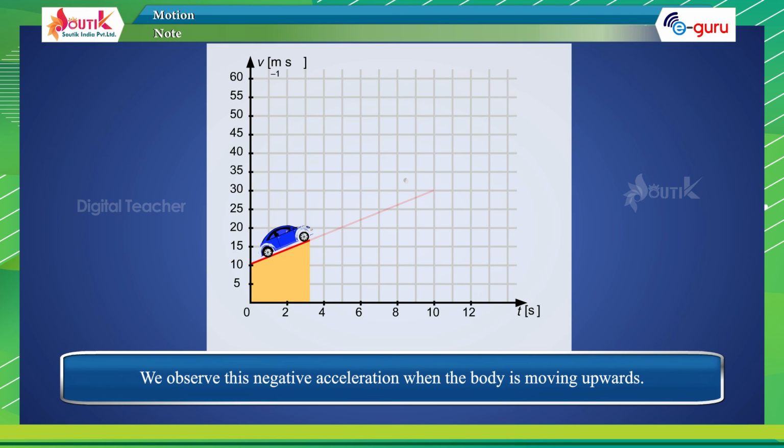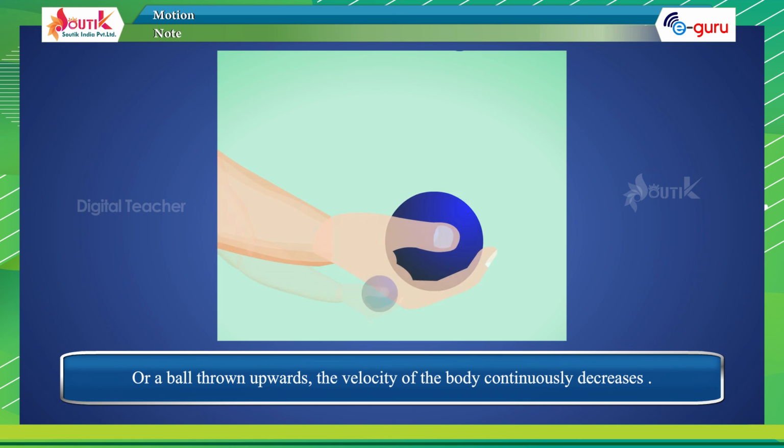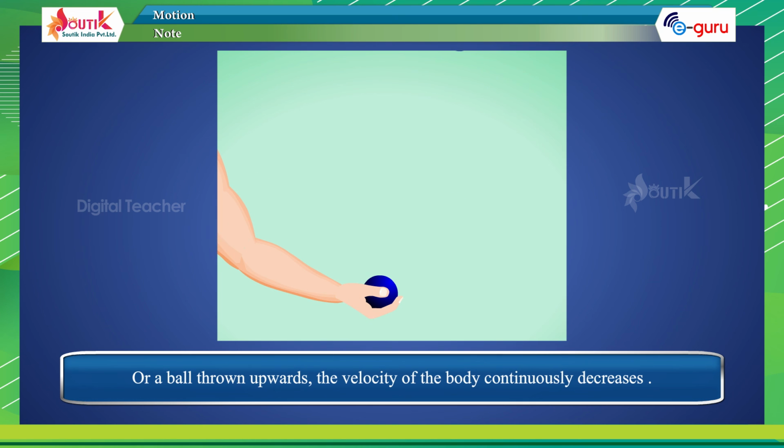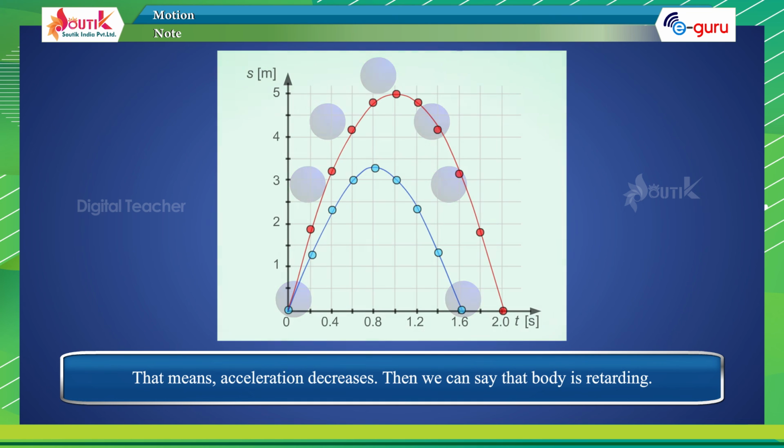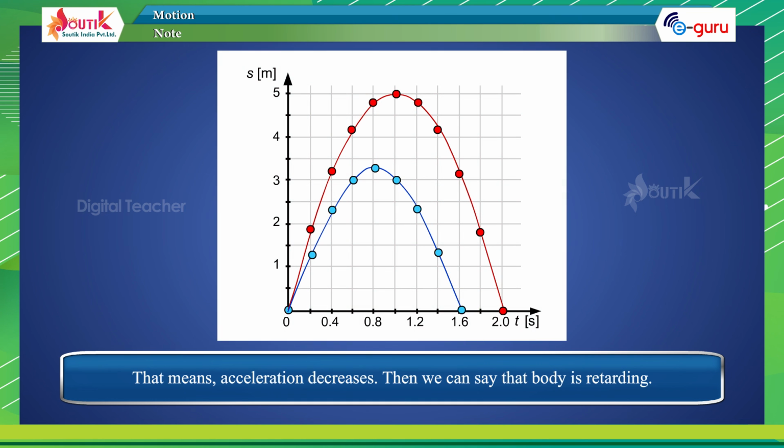We observe this negative acceleration when a ball is thrown upwards: the velocity of the body continuously decreases. That means the acceleration is negative. Then we can say that the body is retarded.